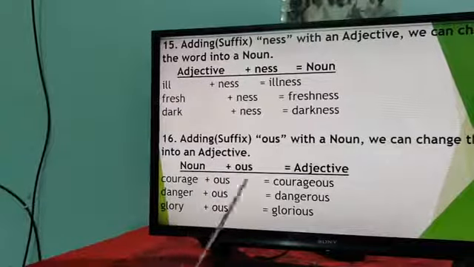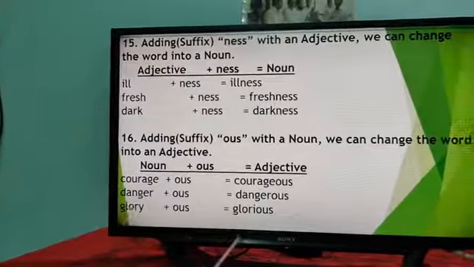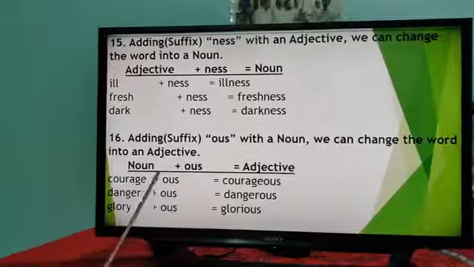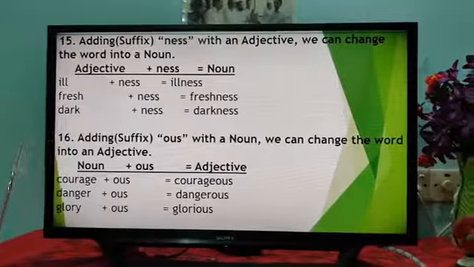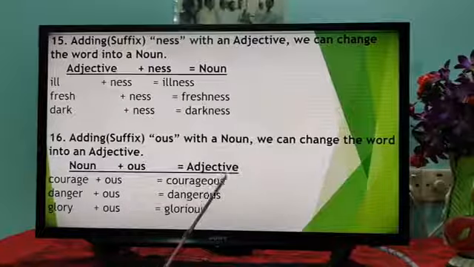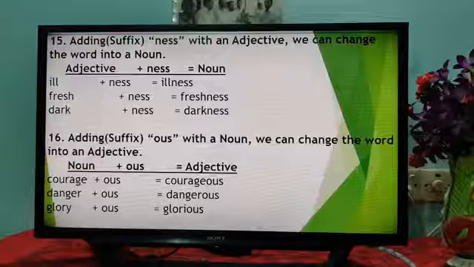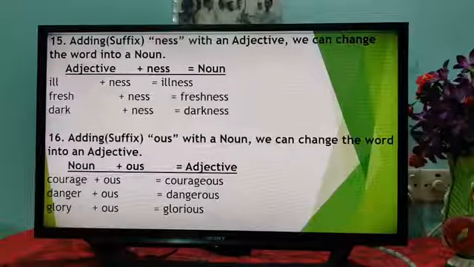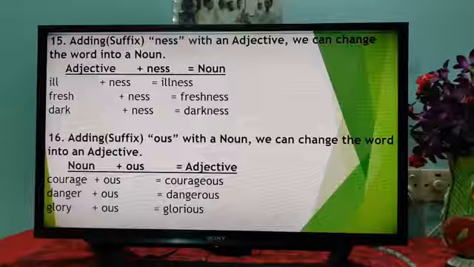Courage, courageous. Danger, dangerous. Glory, glorious. So the ous suffix is added with these nouns or any other noun, you can make it an adjective. Okay? So write them. Okay, thank you.